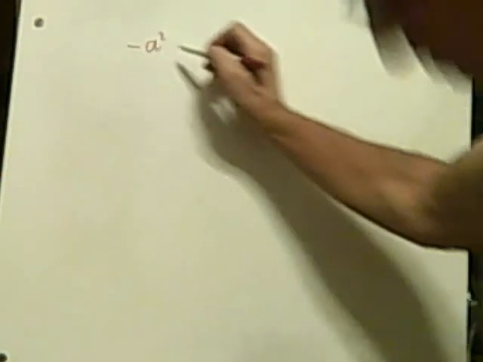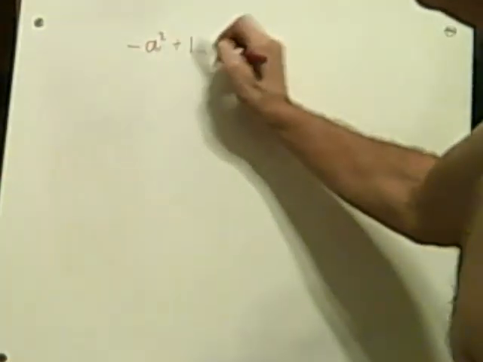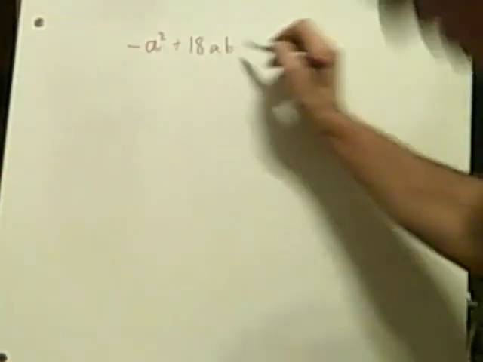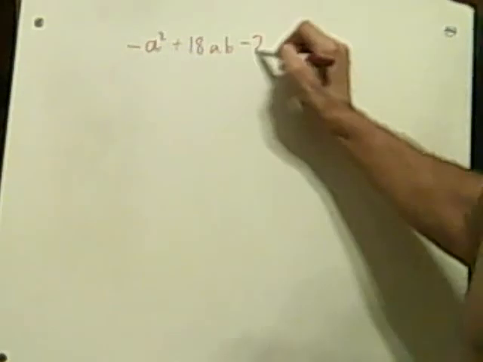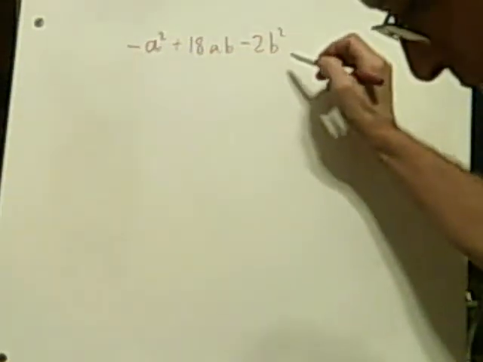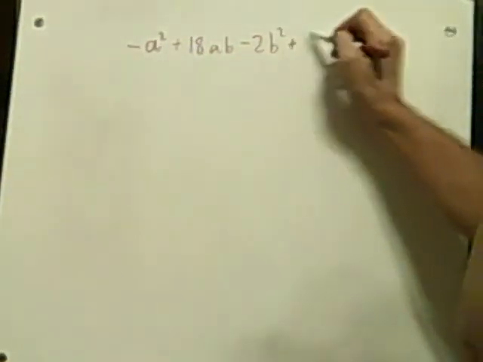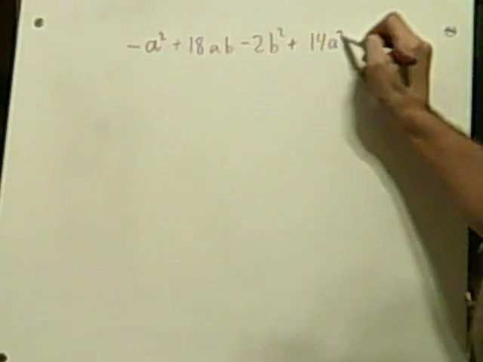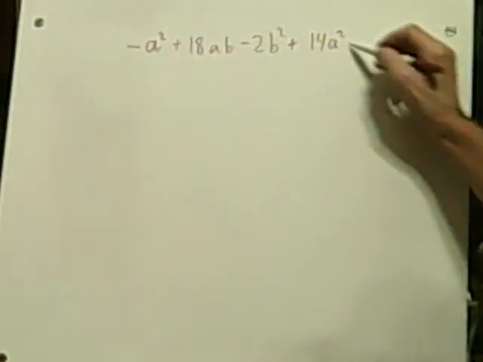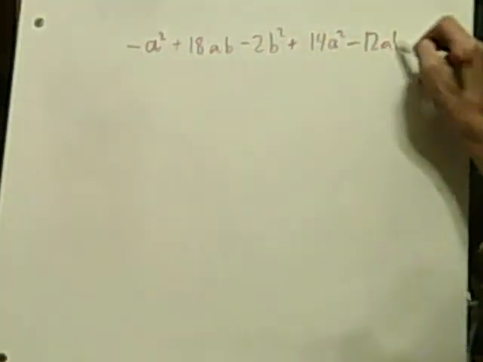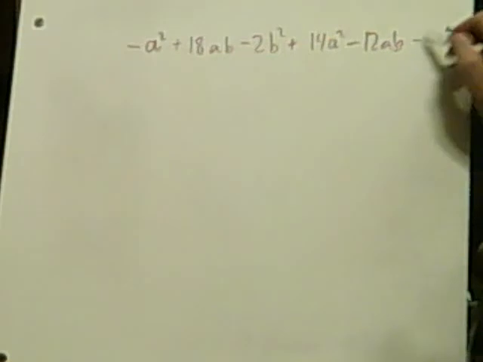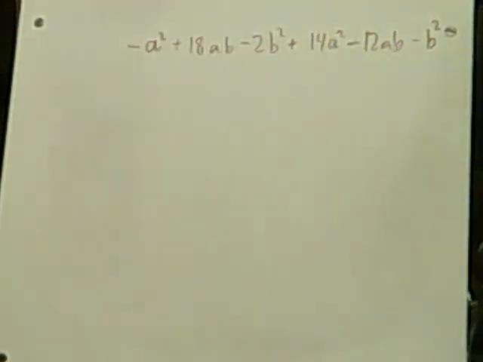Next one is negative a squared plus 18ab minus 2b squared plus 14a squared minus 12ab minus b squared. You get all that? Good.